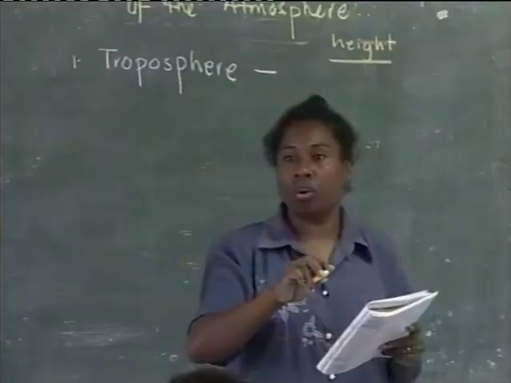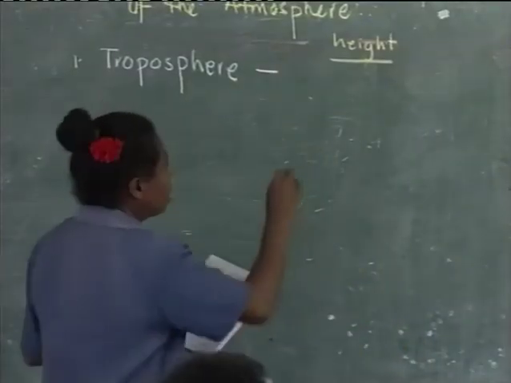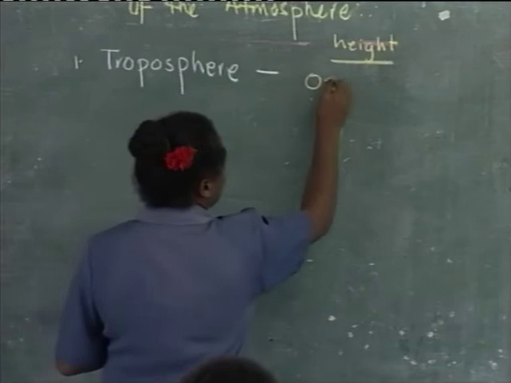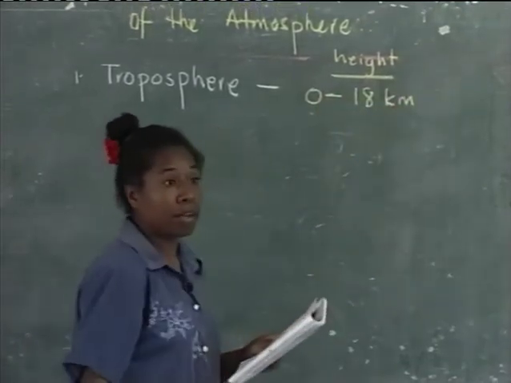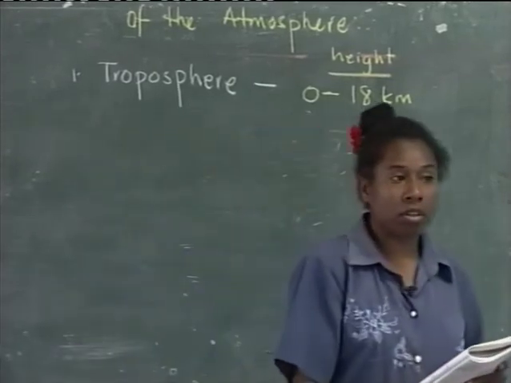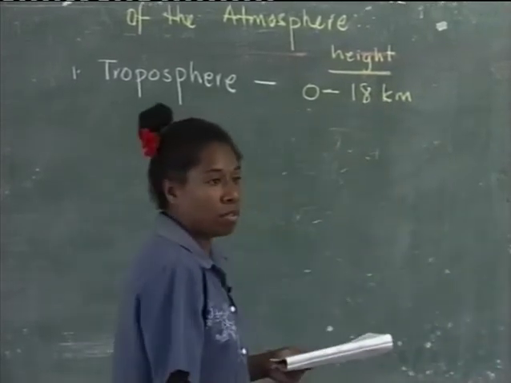From ground level, 18 kilometers upwards. Okay, from ground level, or we can say from 0 kilometers, to approximately 18 kilometers. Okay, good. That's at the equator. But at the poles, it's from 0 kilometers to 8.